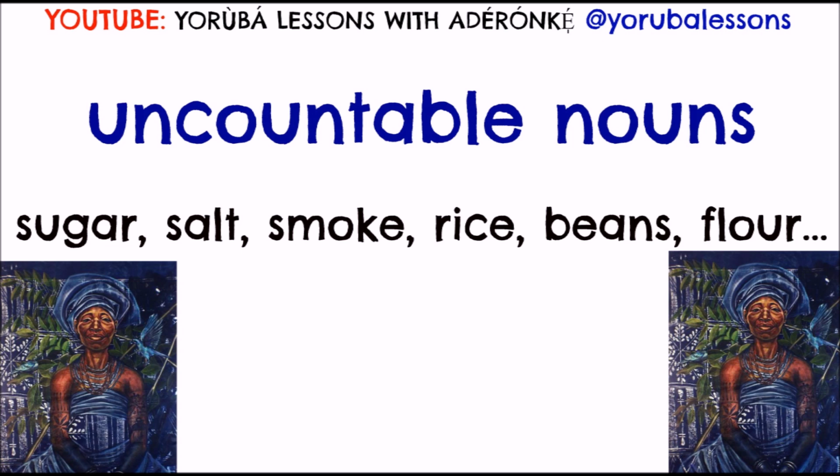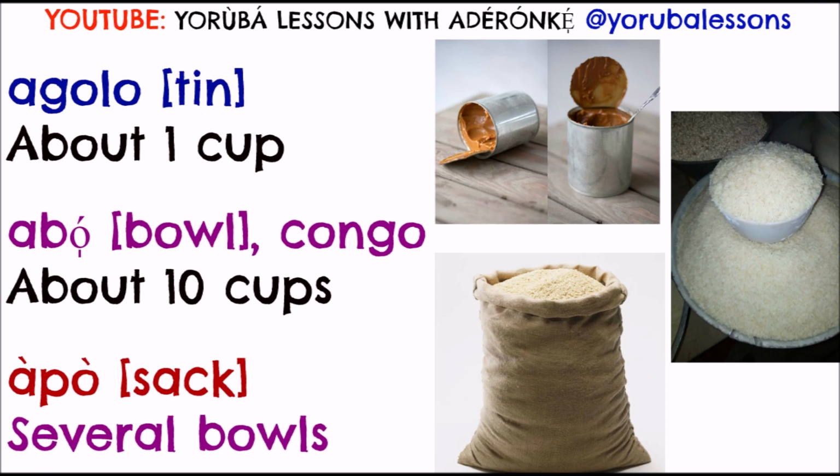In Nigeria, if you want to buy this foodstuff, we measure them by tins and bowls and sacks. That is in many African countries, in fact, this is how we measure them. They are not always packaged and sealed tight.